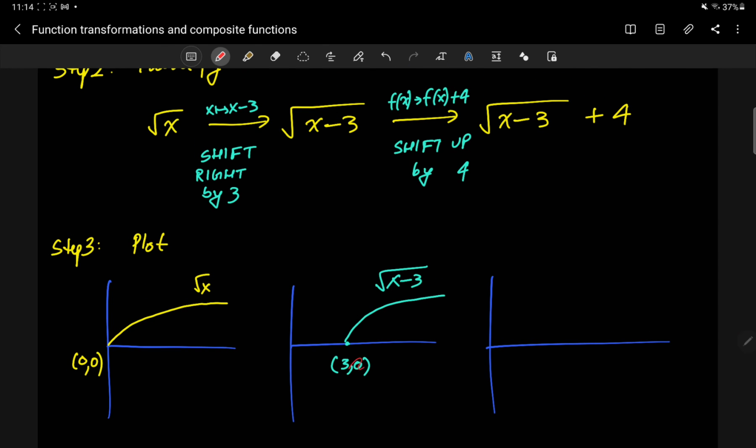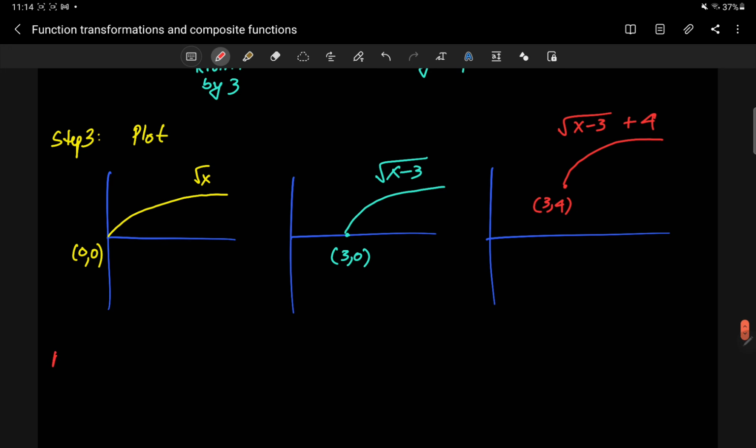If you shift (3, 0) up by 4, it's going to start at (3, 4) and retain the shape. So that would be square root of (x minus 3) plus 4. Okay, so that would be the steps that you follow.